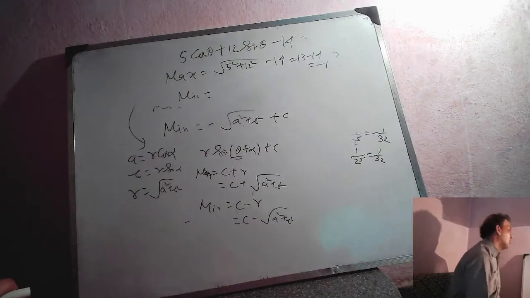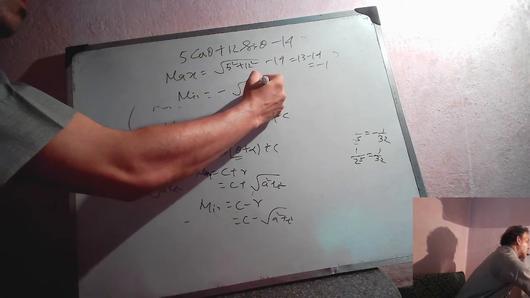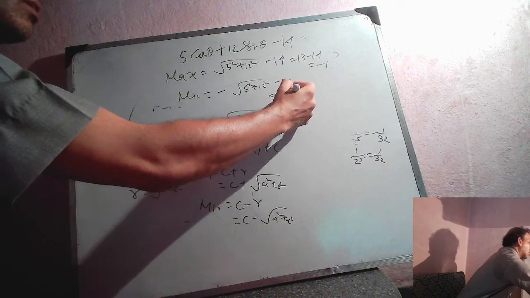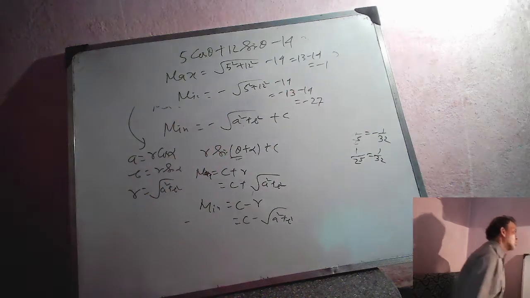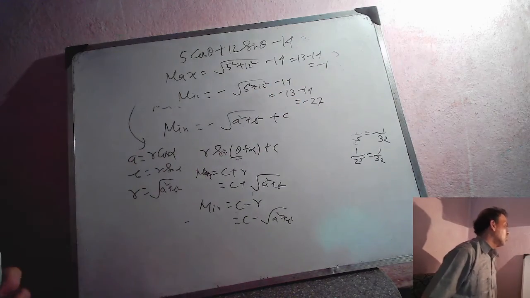So the maximum value is minus 1. The minimum is minus under root 5^2 plus 12^2 minus 14, equal to minus 13 minus 14, equal to minus 27. So its minimum value is minus 27, maximum value minus 1.